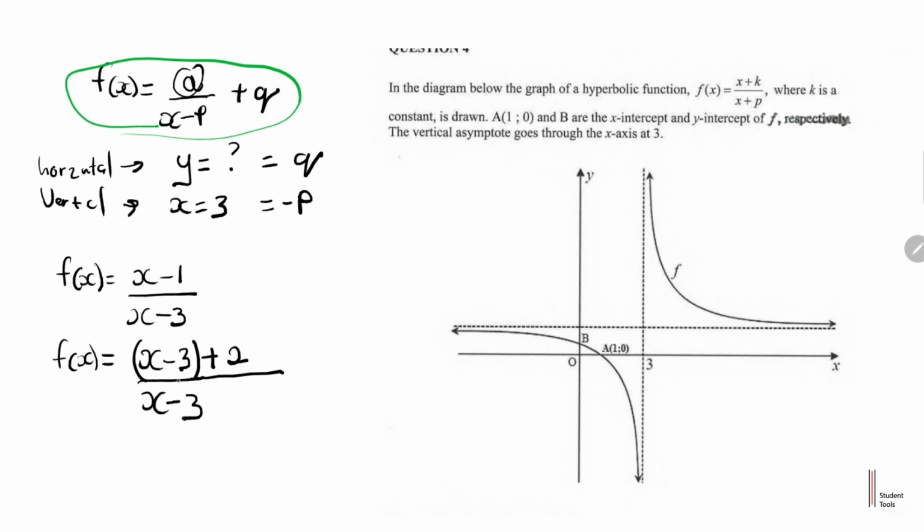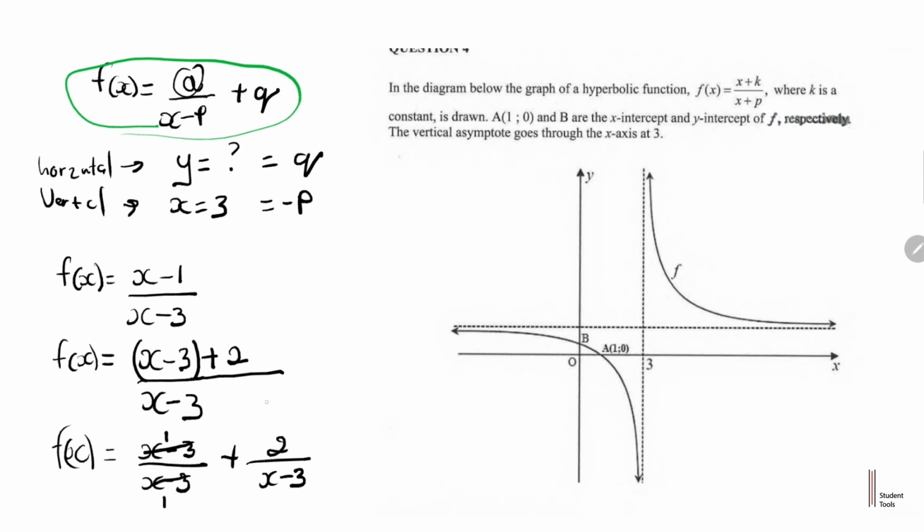So this will be the same as f of x equals x minus 3 plus 2 over x minus 3, which is the same as x minus 3 over x minus 3 plus 2 over x minus 3. Because this is x minus 3 and this is x minus 3, they cancel each other such that we are left with a 1.